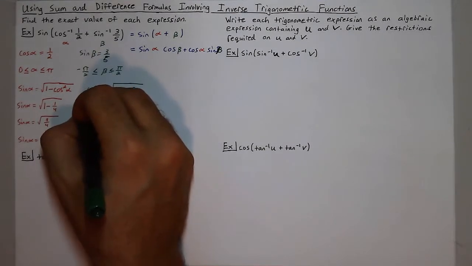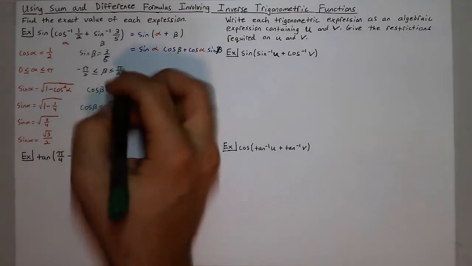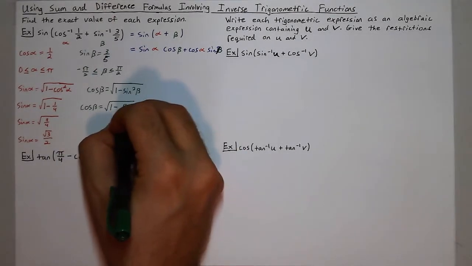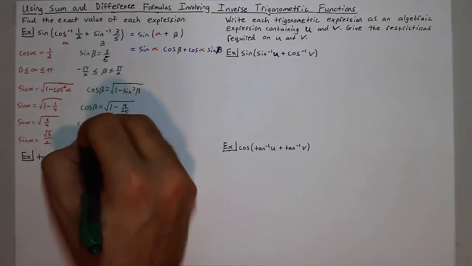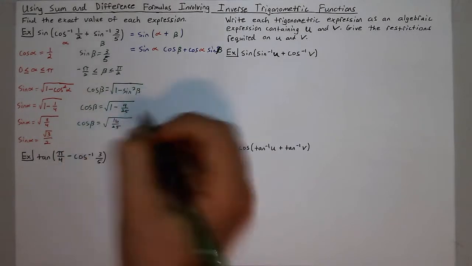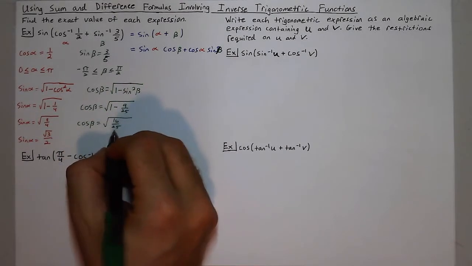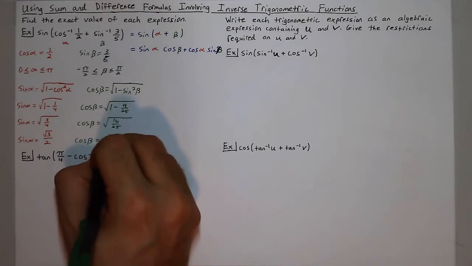So I can say that cosine of beta is equal to the square root of 1 minus 3/5 squared, which would be 9/25. Subtracting, I get cosine of beta is equal to the square root of 16/25, which, when I take the square root of the numerator and the denominator, is 4/5.